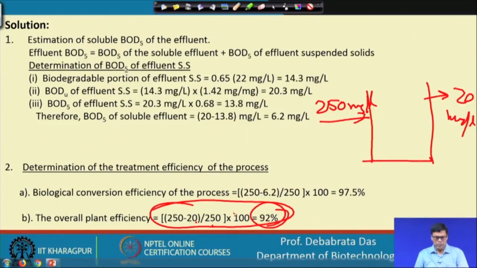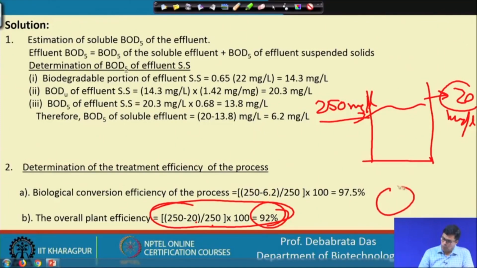Now, the problem is different. This effluent comprises two things: soluble material as well as insoluble material. What is the purpose of the activated sludge process? I told you at the beginning that whatever soluble organics are there, we convert to insoluble organics, because your organisms utilize the soluble organics and produce the cell mass.